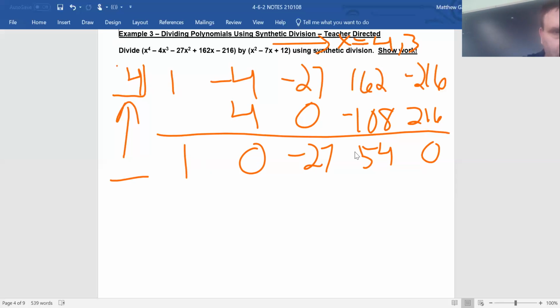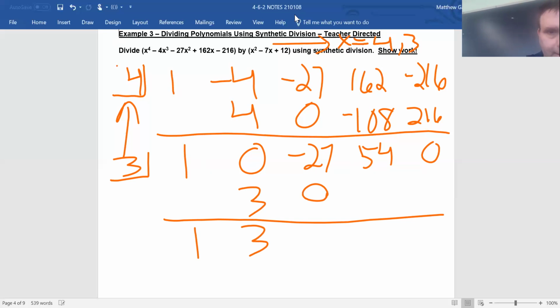We're now going to decompose it a second time using the 3. Remember, we're going to use 4 and 3. It doesn't matter which order you use them in. And then we just do it a second time. 1 times 3 is 3. 3 times 3 is 9. Added to negative 27 is negative 18.